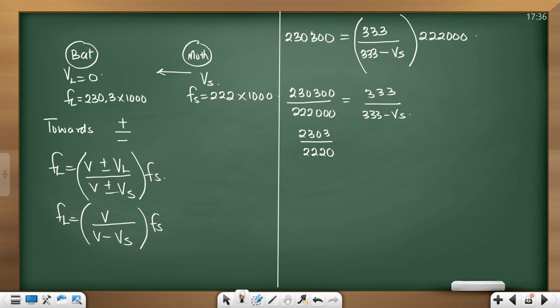Okay, so we can basically cross multiply. Let's do this. I'm going to cross multiply, but check what I'm going to do. It will be 333 multiplied by 2220 over 2303.